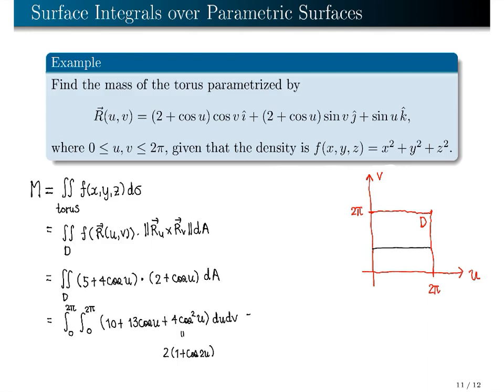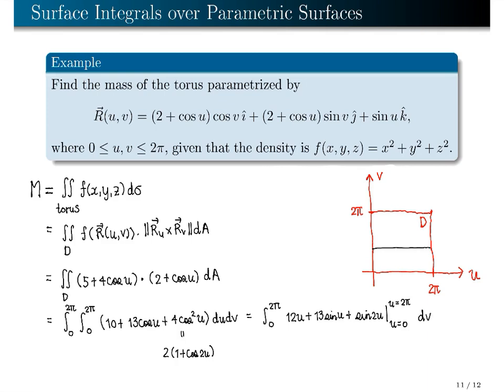Hence, we now have the integral from 0 to 2 pi of the integral of 10 plus 2, which is 12 with respect to u, is 12u, plus the integral of 13 cosine u with respect to u is 13 sine u, and the integral of 2 cosine 2u with respect to u is sine 2u, evaluated from u equals 0 to u equals 2 pi dv.